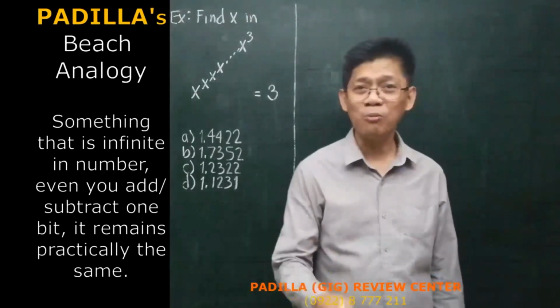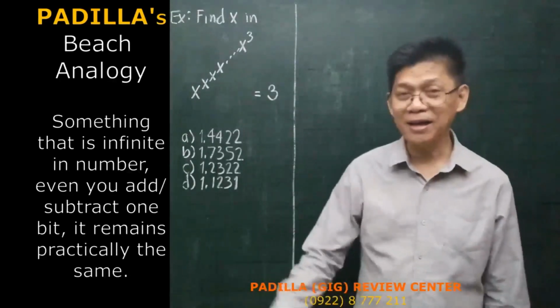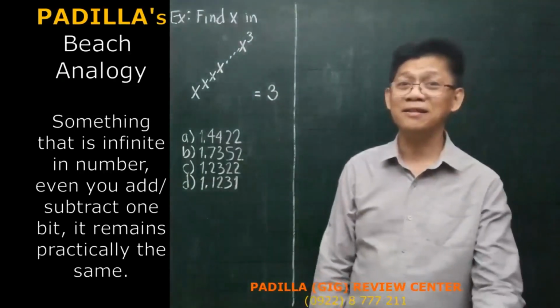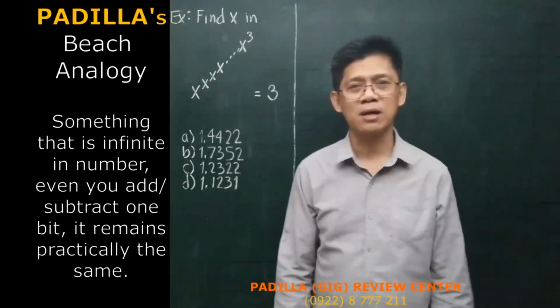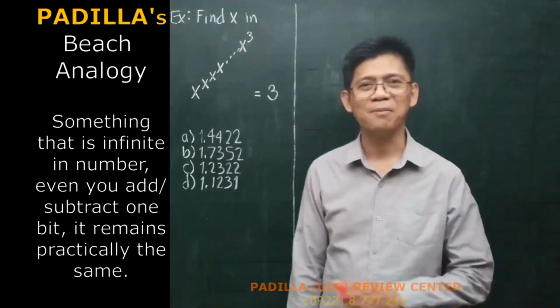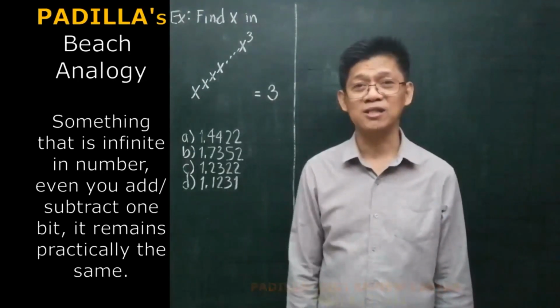Yung tubig bago ka umihi, maalat-alat, mainit-init. Pag ihi mo, nakainom siya, ganun pa rin ang lasa ng tubig. Mainit-init, maalat-alat. Yung infinite, yung maraming-marami, kahit dagdagan mo ng isa, it remains the same. That is the Padillas Beach Principle or Beach Analogy.